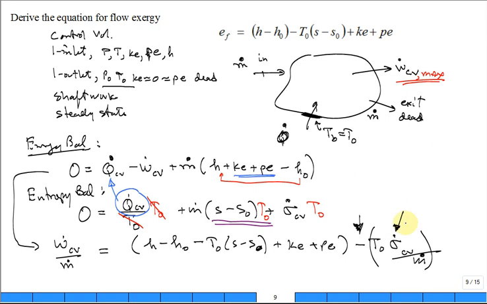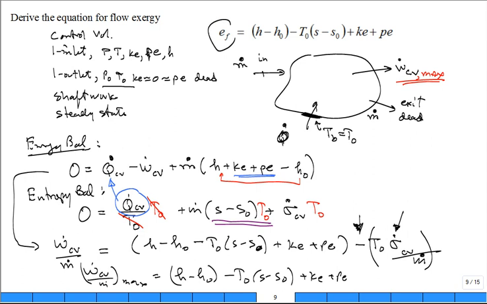If the system has no irreversibilities, sigma dot is 0, it can't go negative, and you get the maximum, W dot CV divided by m dot, maximum, which is now just h minus h naught minus T naught (s minus s naught) plus KE plus PE. And you look at it and you say, it looks like a new property to me. We'll give it a name. We'll call it exergy. We'll call it the flow exergy. And voila, there's your quick derivation of the flow exergy.